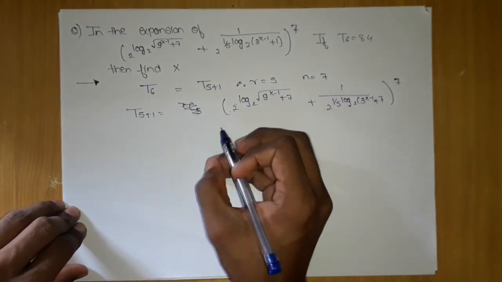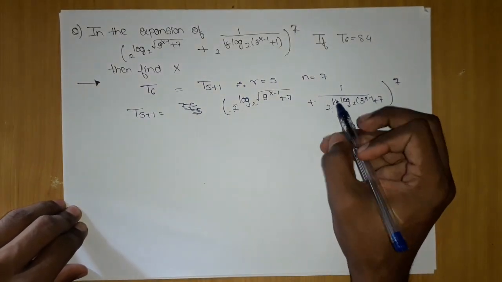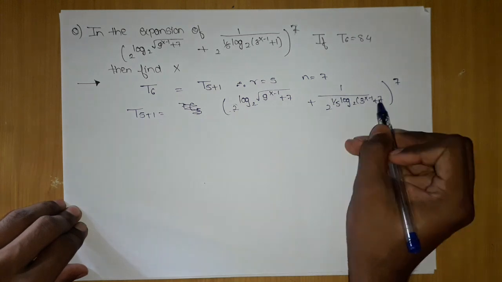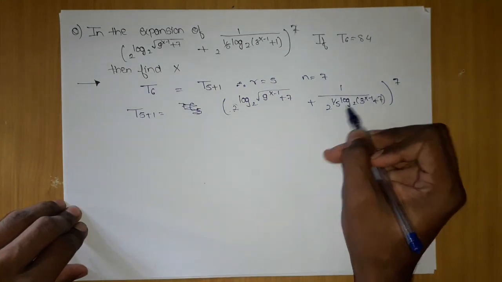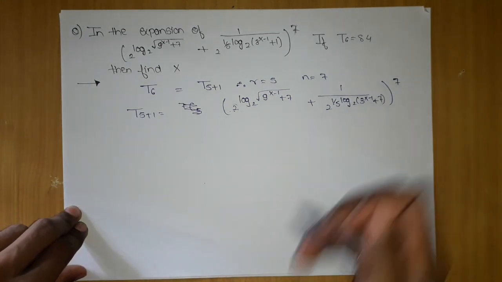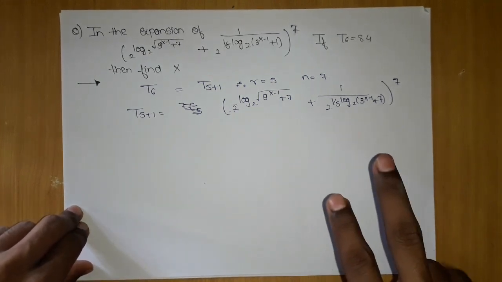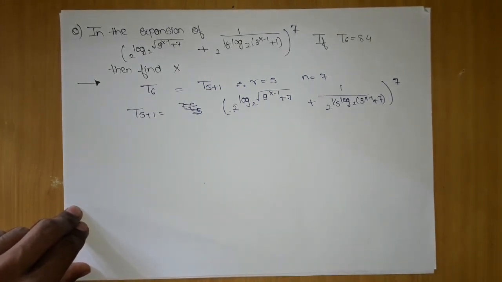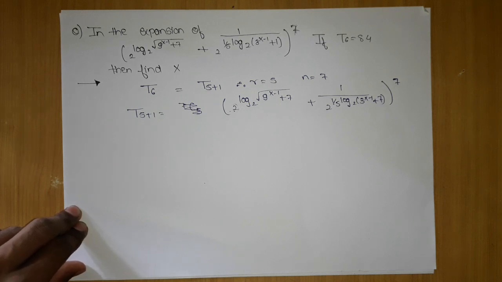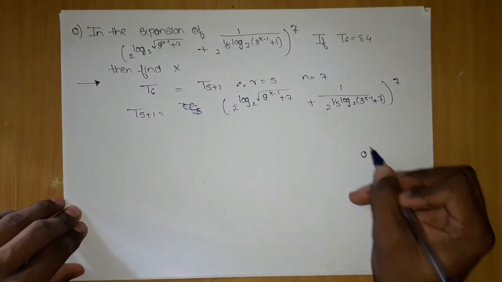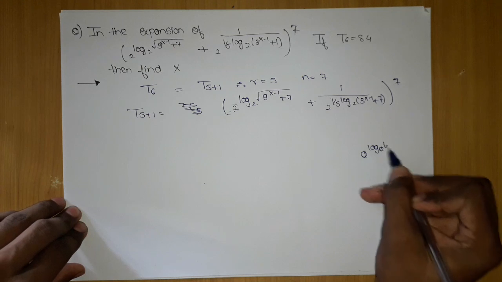So here this expression will get nullified, while in this expression the 1 by 2 we will move to this power, and this 2, since same power and same base, will get cancelled out. That is the logarithmic property. Just let me tell you the property: a to the power log base a of b is nothing but b.